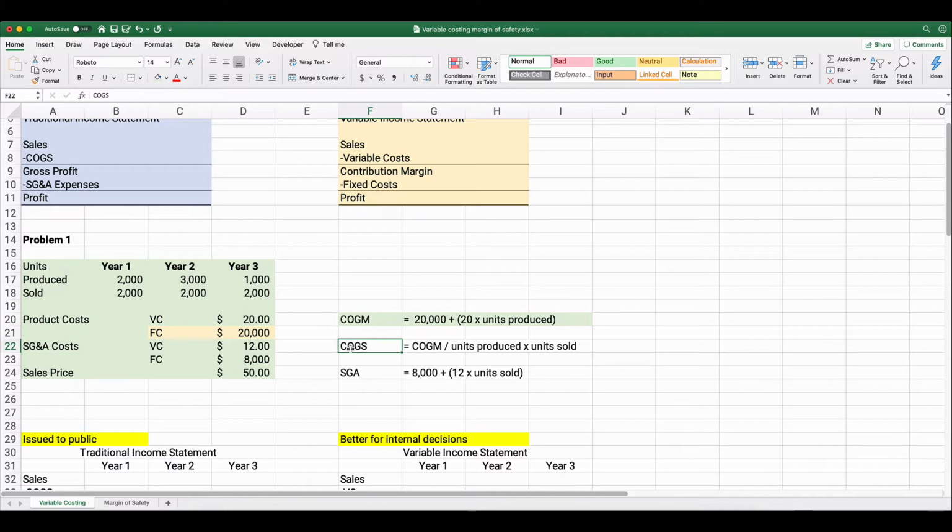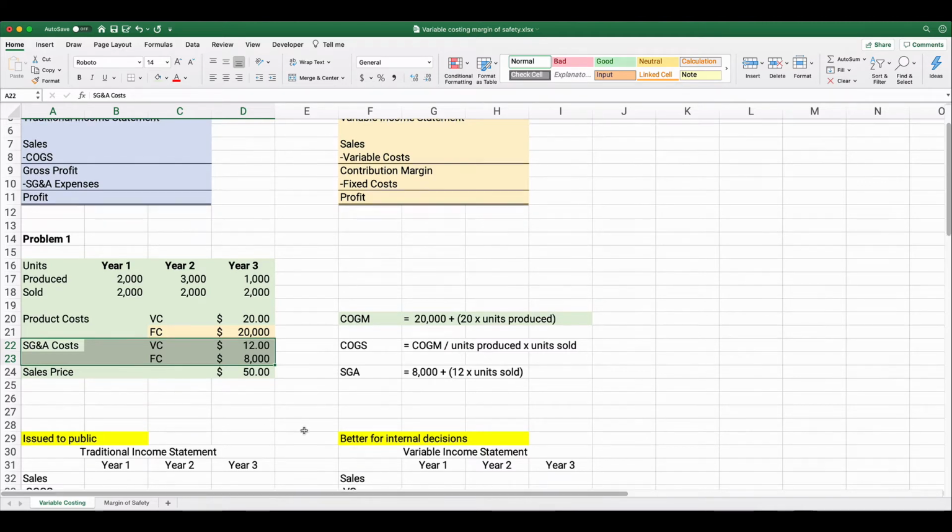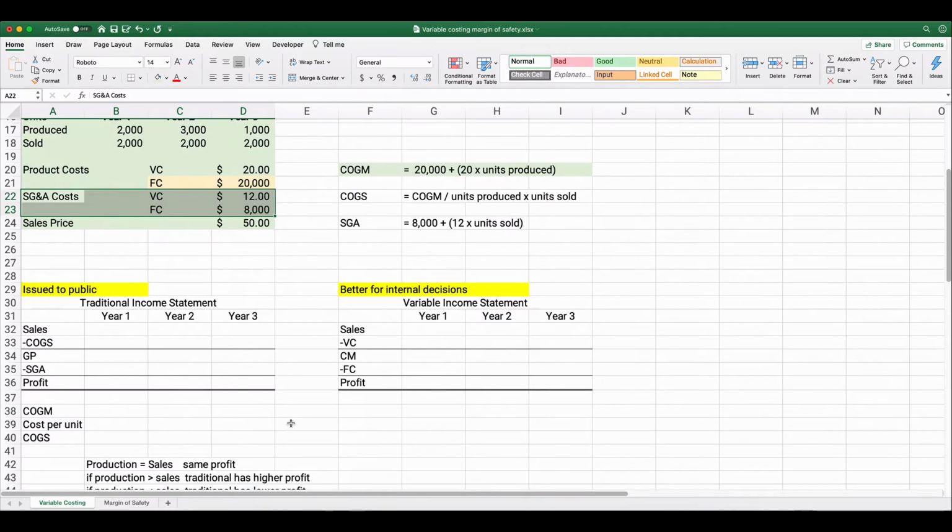Then, to get to the cost of goods sold, we divide the cost of goods manufactured by the units produced to get a per unit cost, times the units sold. The SG&A costs are simply $8,000 fixed plus the $12 times the units sold, and that's going to be 2,000 every time. So we're going to calculate the traditional income statement and then the variable income statement.